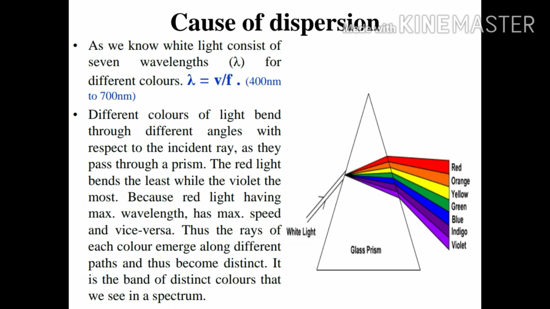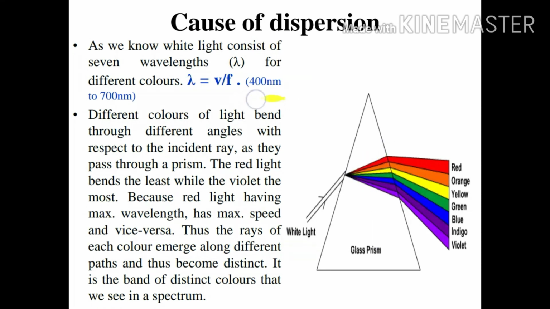So when they mix up with each other in air, they give a sensation of white light. But when they enter the glass prism, their speed is different in glass. Different colors have different speeds.